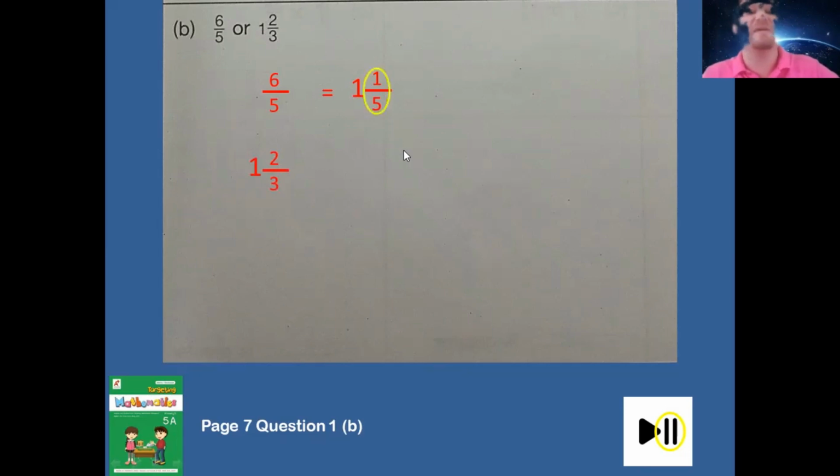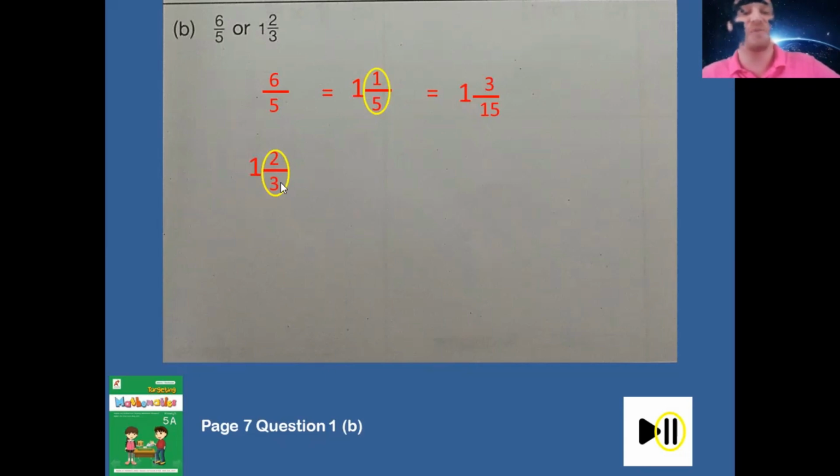Next step here would be to get the fractions or the denominators the same. You need to find a common multiple, which would be 15. Is that correct? So 6 over 5 would eventually equal 1 and 1 over 5, and then 1 and 3 over 15, because 5 times 3 is 15, 1 times 3 is 3.